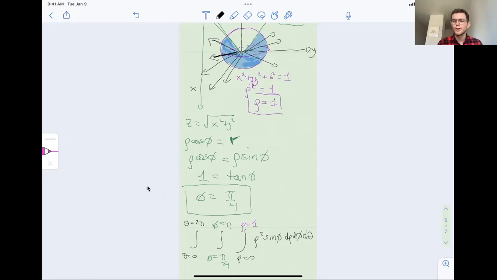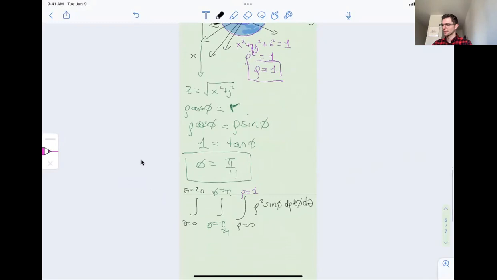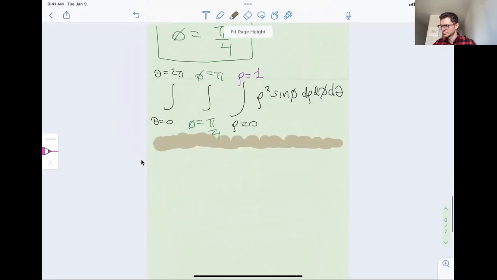And ready for another one? This one is more tricky. Okay, let's try this one. This one is interesting.